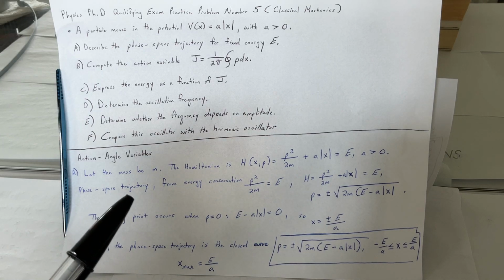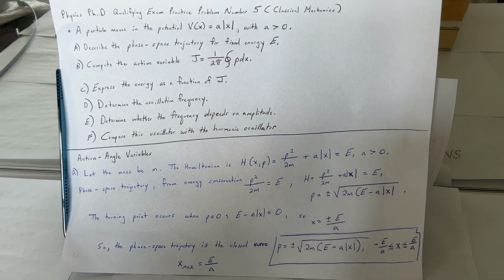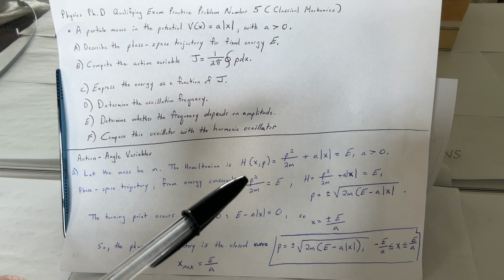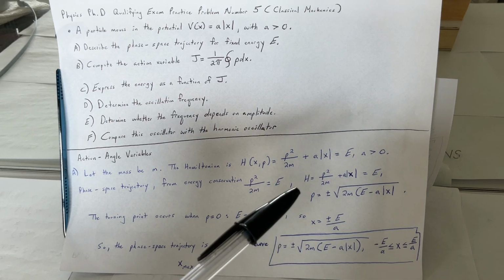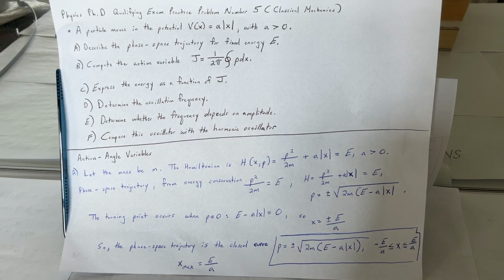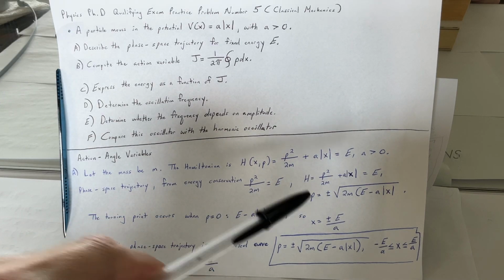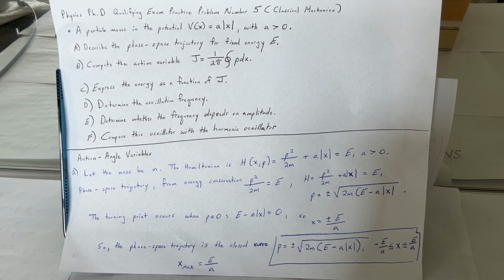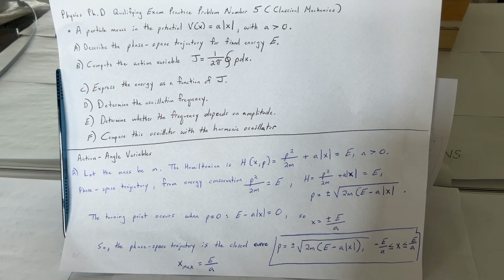The phase space trajectory from energy conservation: H equals p squared over 2m plus A times absolute value of x equals E. And our p would be plus or minus the square root of 2m times the quantity E minus A times the square root of |x|.